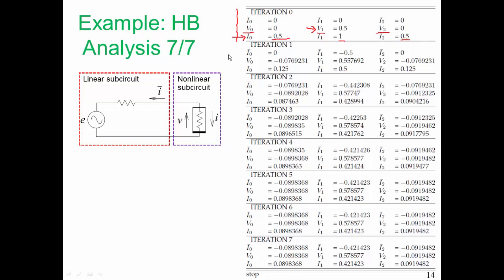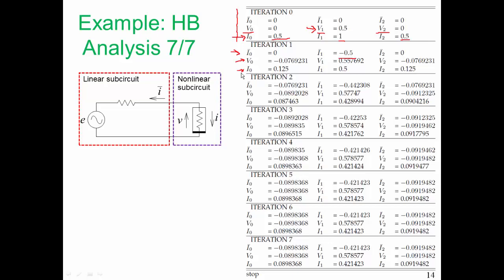In my next iteration, I'm going to calculate the current into the linear circuit. So there's my current into the linear circuit at the fundamental, and I will update my voltage guesses given the currents that are flowing, and I calculate the nonlinear currents. And then I do this iteration over and over again.